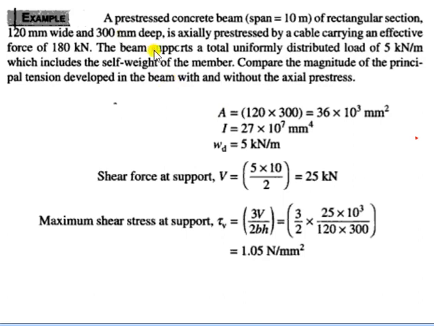So in this question, it is given that a prestressed concrete beam, the span of the beam is 10 meter and the beam is of a rectangular section. The width of the beam is 120 millimeter and depth of the beam is 300 mm.